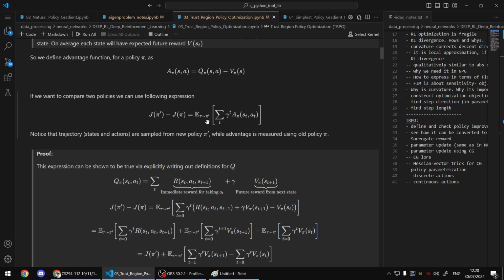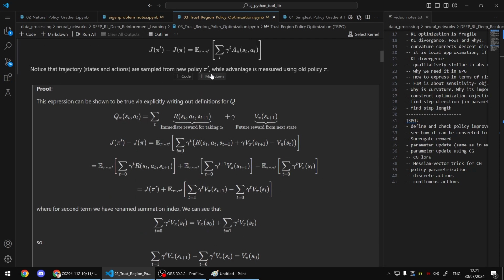It's an expectation over trajectories taken using the new policy, but the advantages, these rewards, are measured using the old policy. It kind of doesn't make sense. To be honest, I have completely no intuition why it's so. But the proof is pretty common.